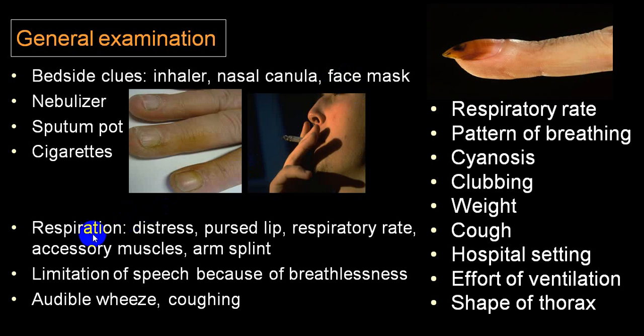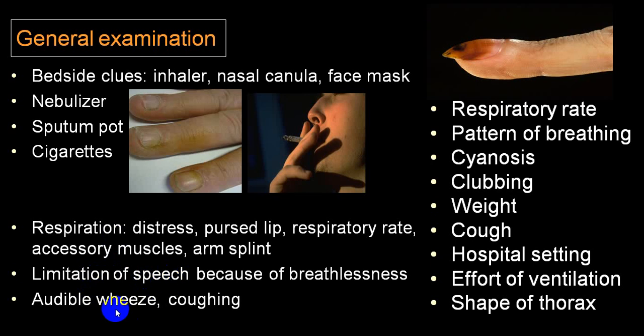Then you can look for respiratory distress like accessory muscles of respiration, respiratory rate, pursed lip, etc. And while the person is breathless, the person will have difficulty in speech, because he will be so breathless that he will not be able to speak properly.